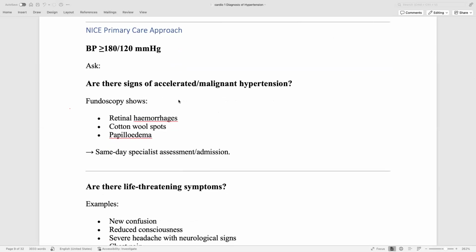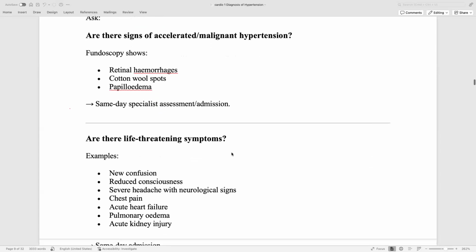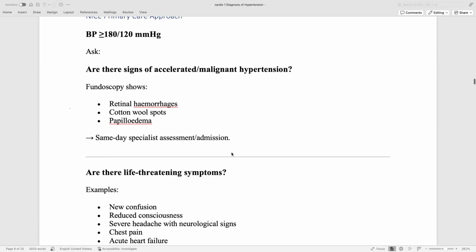If accelerated or malignant, same day specialist assessment or admission. Same day referral. If there are life-threatening symptoms, this is an emergency.